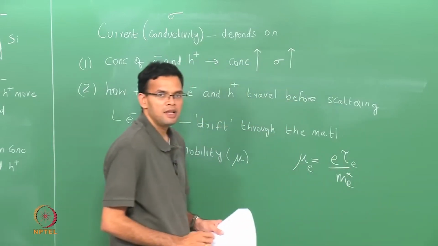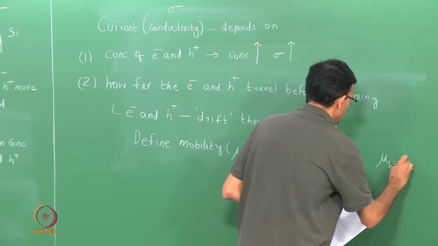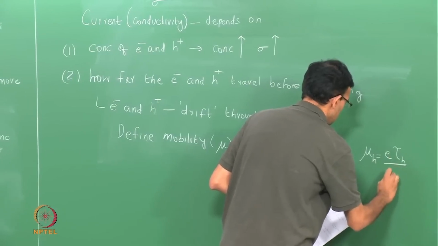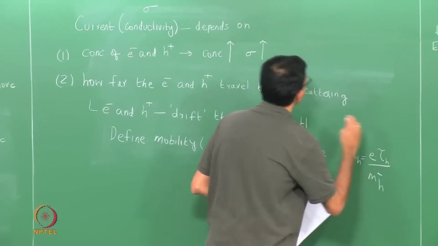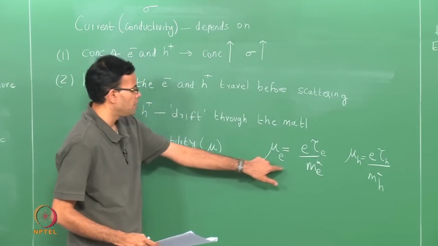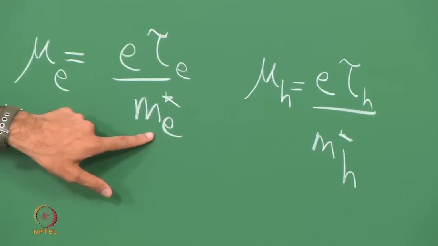You can write a similar expression for holes, mu h. So, mu e depends upon a factor tau e and the effective mass of the electron.